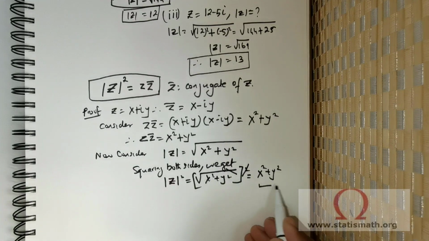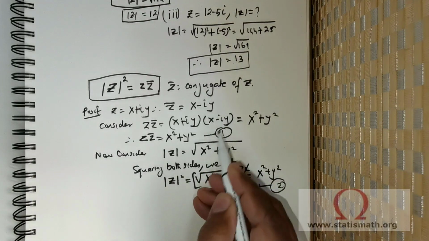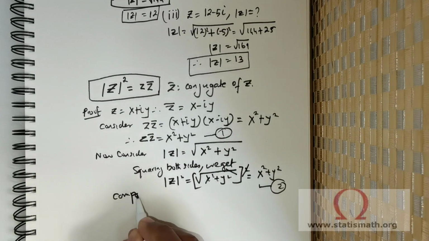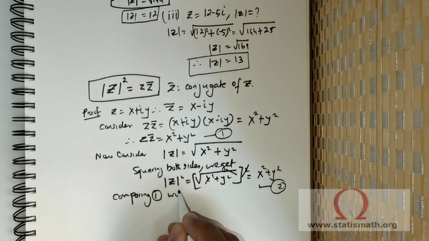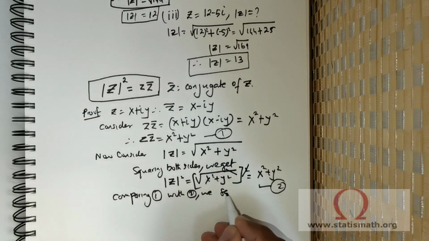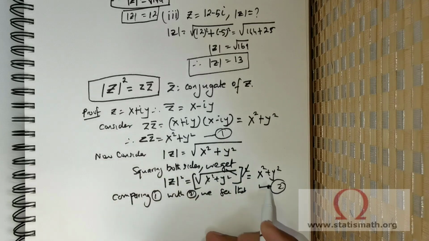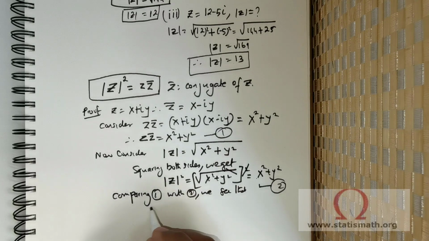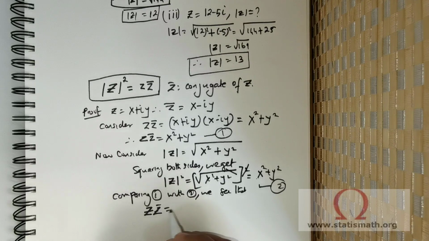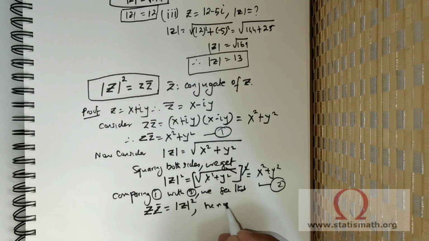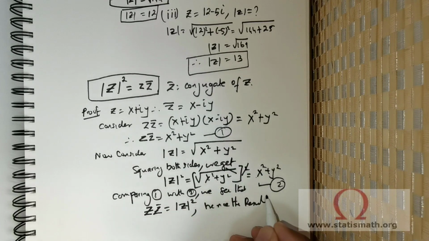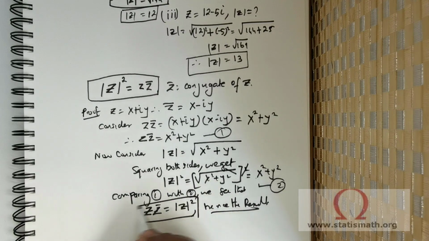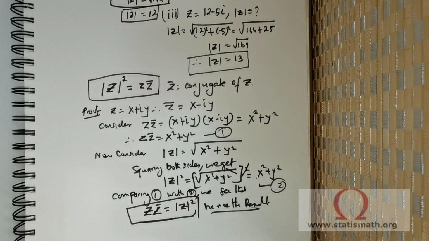If I name this as 2 and that as 1, comparing 1 with 2, we see that both of them are equal: x squared + y squared, x squared + y squared. So clearly z multiplied with z bar is equal to modulus of z raised to the power 2, and hence we have proved the result. This is a very important result you have to know in complex numbers, and it will be of much use as you move on.